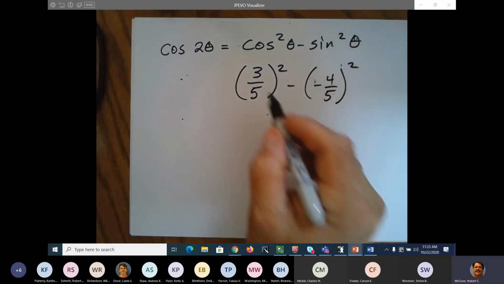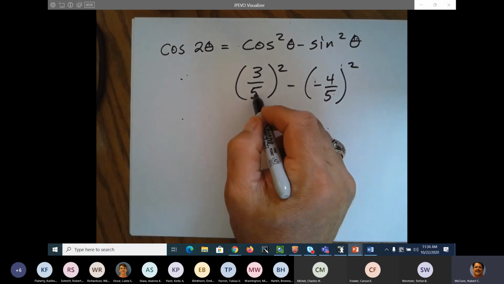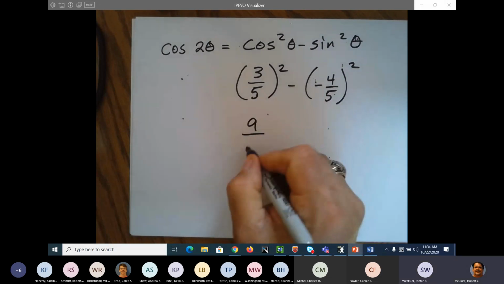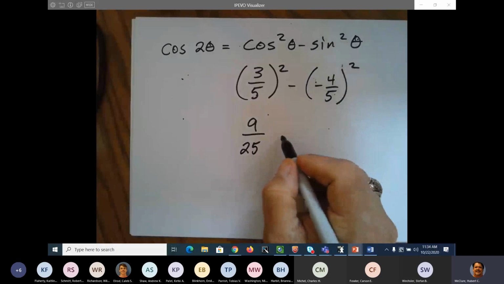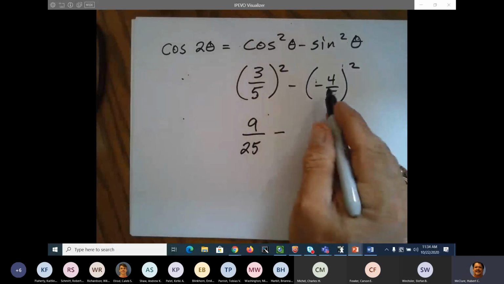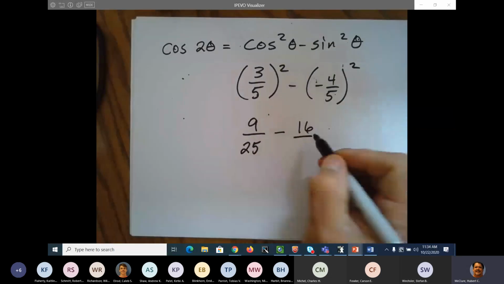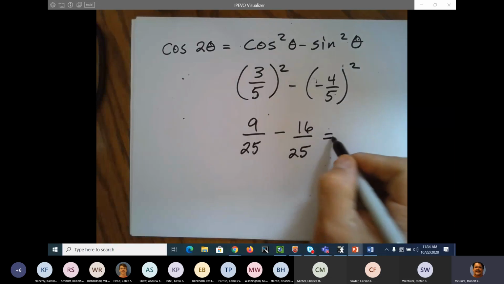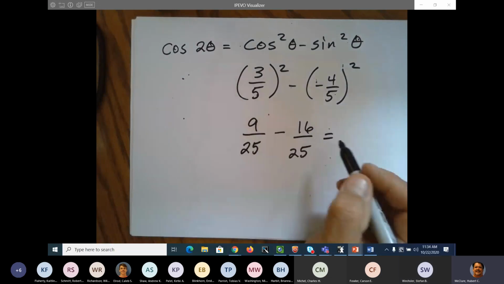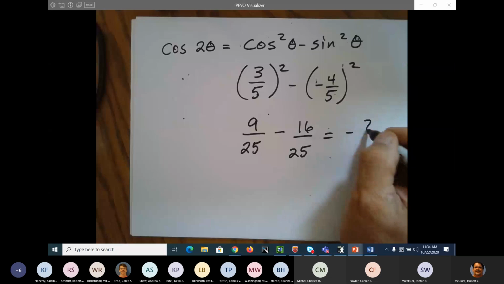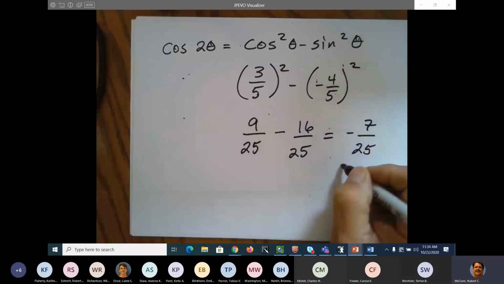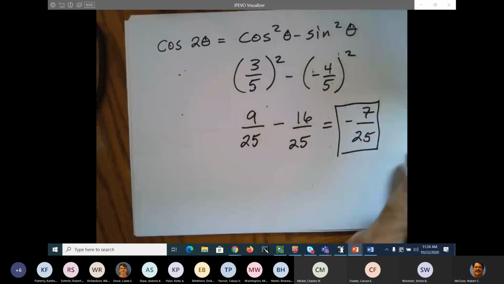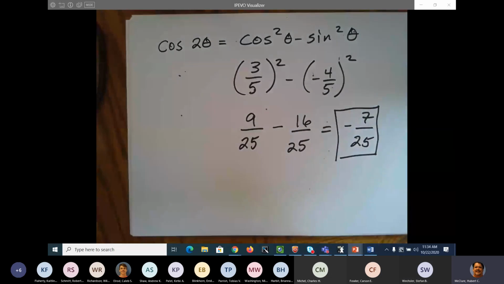And that's going to be 9 over 25. Minus, and that's going to be 16 over 25. 9 minus 16 is what? Negative 7. And that's it.